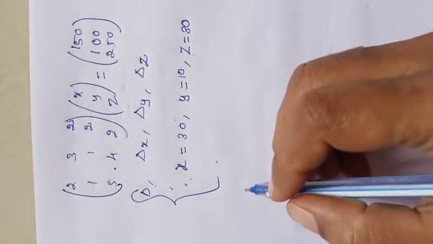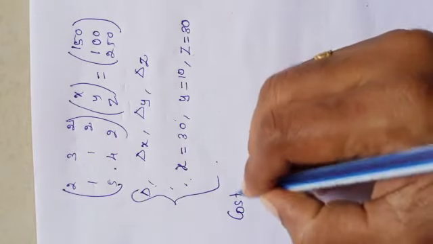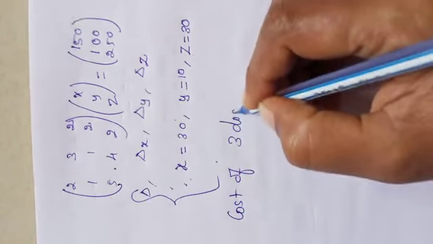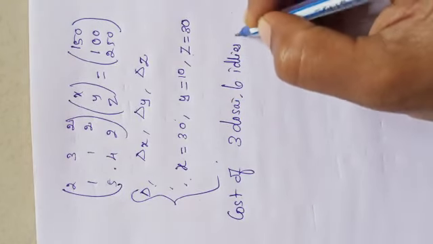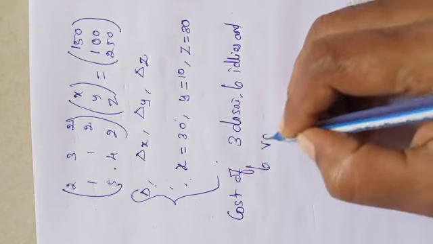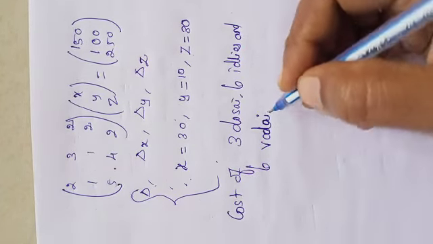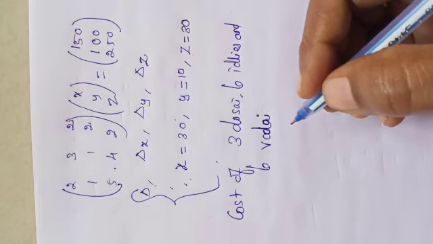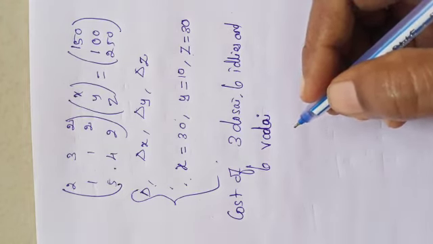After completing, the last part is the cost of 3 dosai, 6 idlis and 6 vadai. We have to find it out, whether the amount comes below 350 or above 350. That's what we need to check.